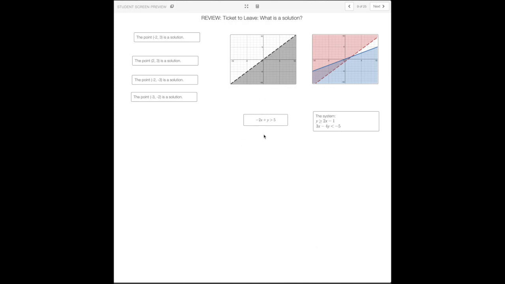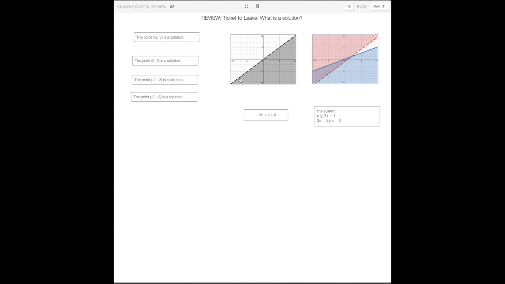So these are just one linear inequalities. So I see one line, one shaded region, one line here. Okay, so these kind of go together. And this is a system graphically. I see two lines and two shaded regions, the red and the blue. And here are two linear inequalities here, where if I graph them, it will look something similar to this.